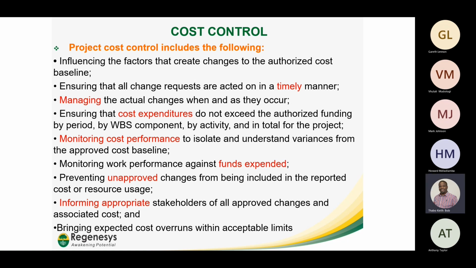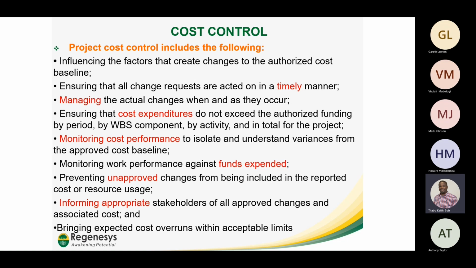Obviously, by WBS component, you need to be monitoring that at all times so that you don't exceed the projected cost of that project, because you need to be within your project scope and the project cost. You don't over exceed.